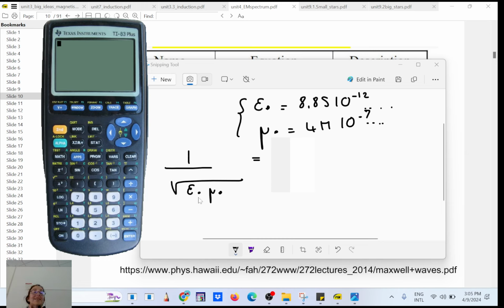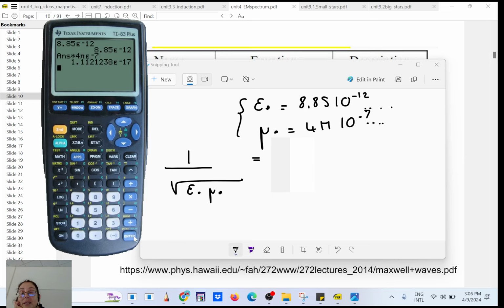So do that. I show you a way that can help you if you are taking whatever exam. You start with the denominator, okay? So I'm going to do epsilon 0, so 8.85 times 10 to the negative 12. Enter. I show you the trick. Times mu 0, so it's 4 pi times 10 to the negative 7.